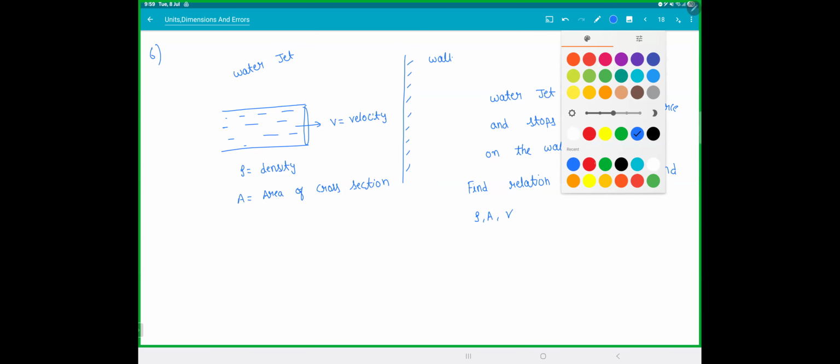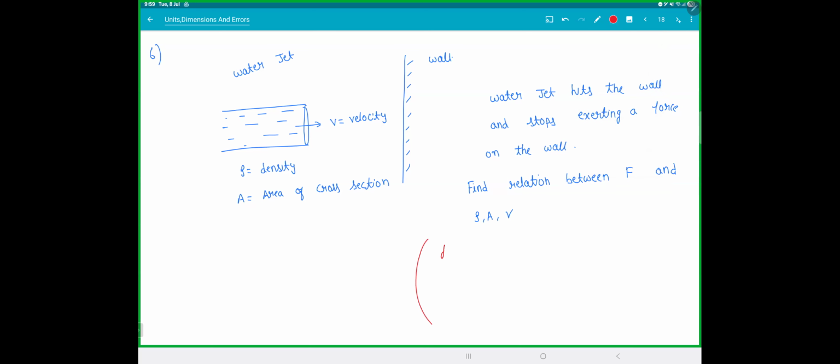The same question I can ask you like this: if rho, A, and v are fundamental quantities, find the dimensions of F. So two different questions, the solution is the same.